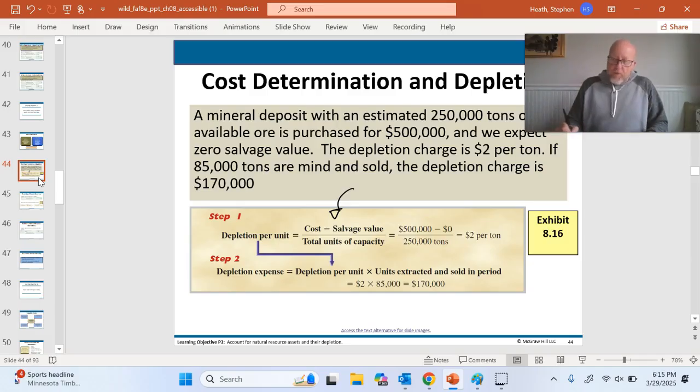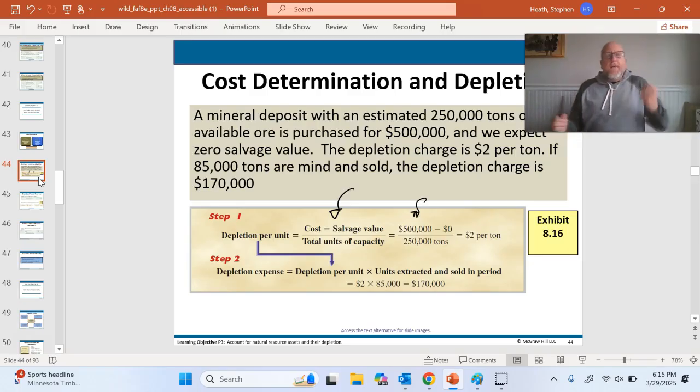Okay, so in our examples previously, it was machine hours. If it was a car, it would be number of miles driven. But since this is a natural resource, it's going to be tons of ore that we anticipate pulling out of the ground. So we would take the $500,000 purchase price as the cost, and then we're going to assume no salvage value.